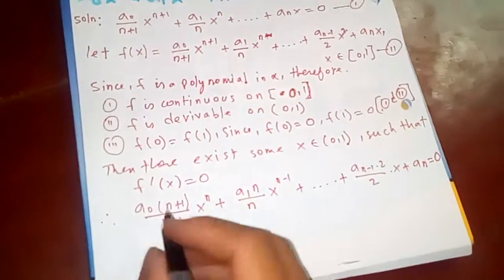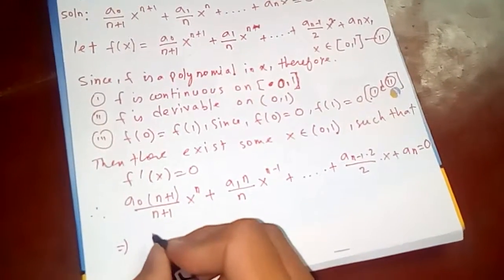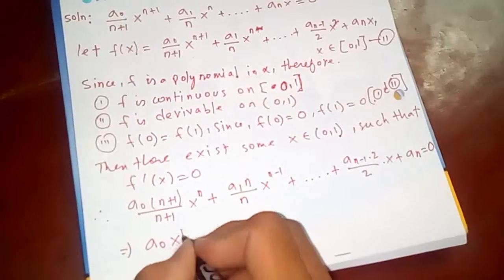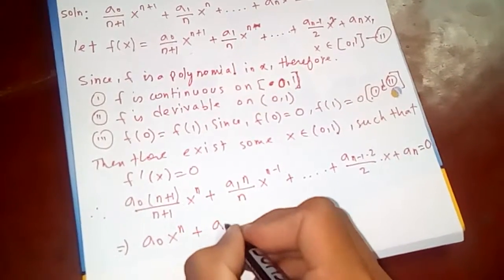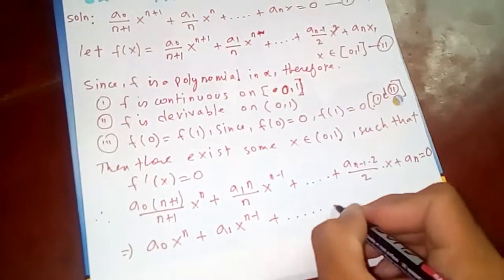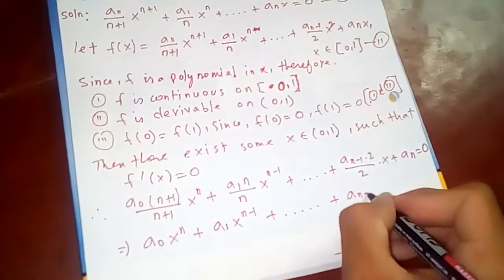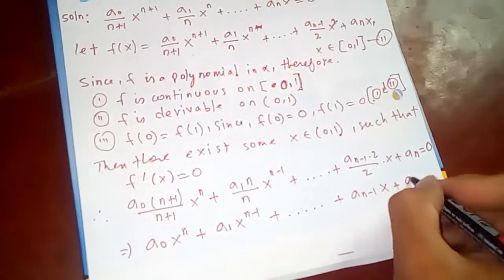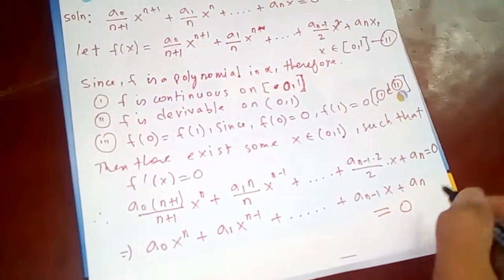Now cancellation takes place: a naught x to the n plus a1 x to the n minus 1 plus and so on plus a n minus 1 x plus an is equal to 0.